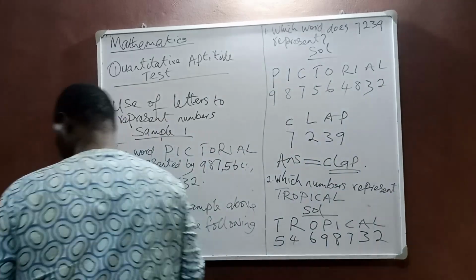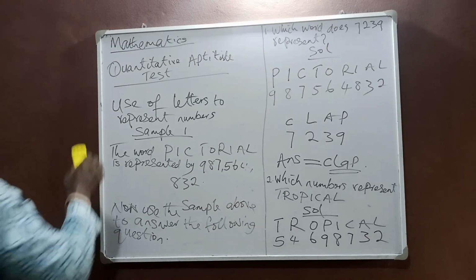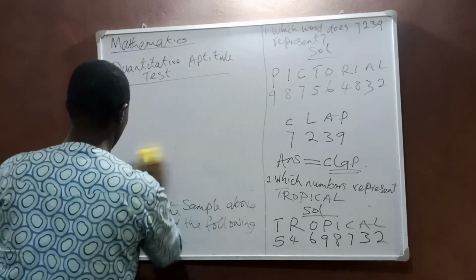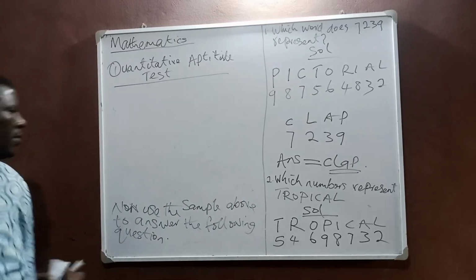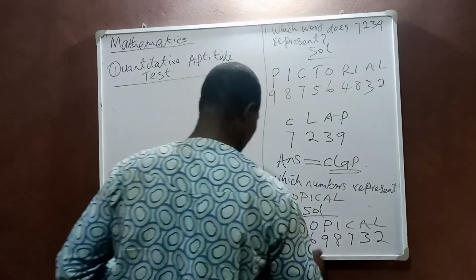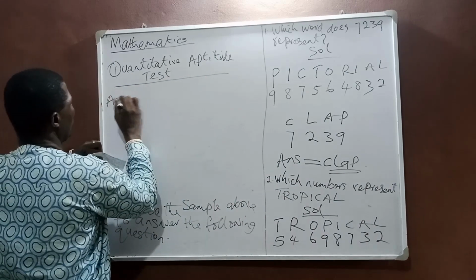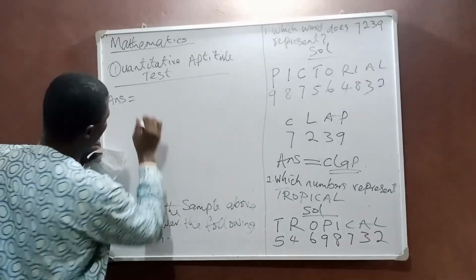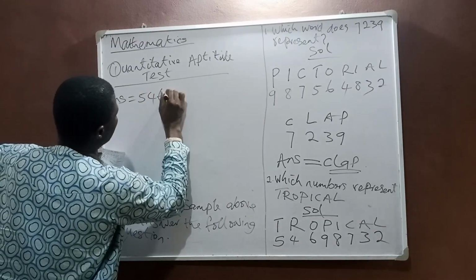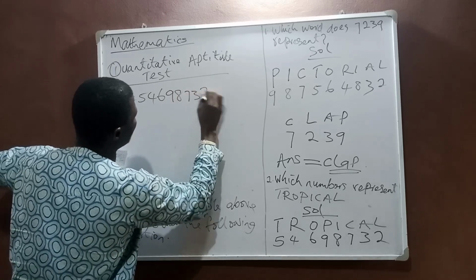So in other words, permit me to clean this side. The numbers that tropical stands for are this one. The answer to that number 2 is equal to 5, 4, 6, 9, 8, 6, 9, 8, 7, 3, 2, 7, 3, 2.